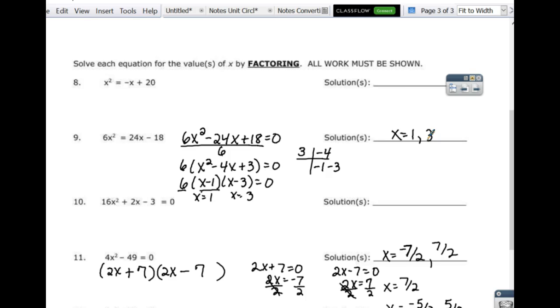So you factor, and you should end up with -5 and 4, and this one, if I take a times c, I get -48 and 2, which gives me 8 and -6.